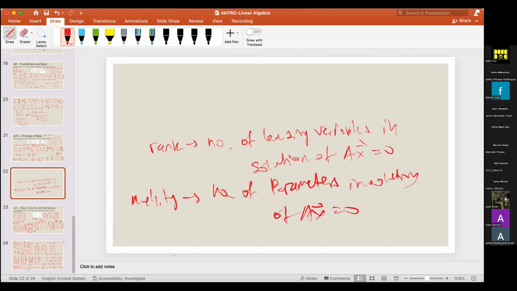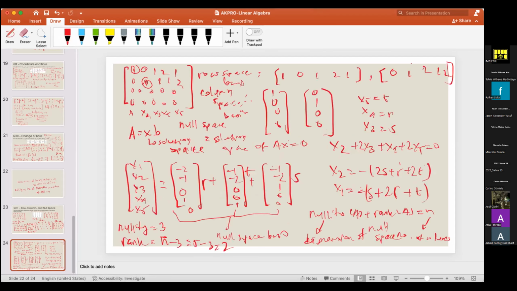By number of parameters, it means this. We've expressed 3 parameters, which is why we've proven the nullity is 3.